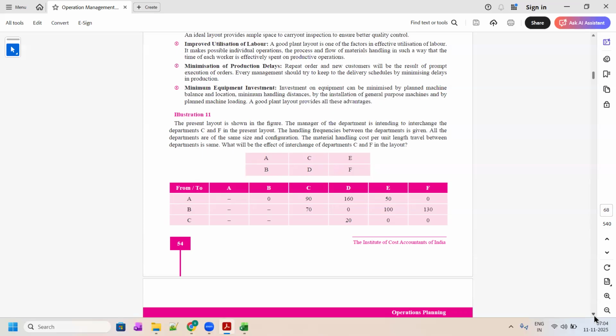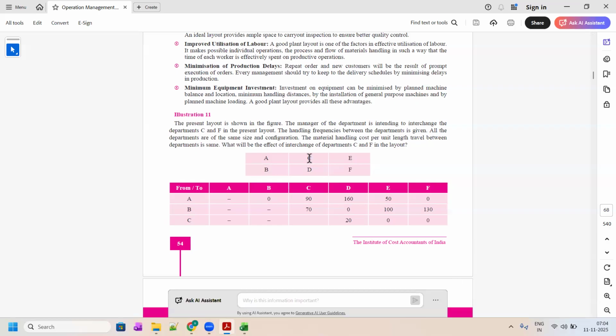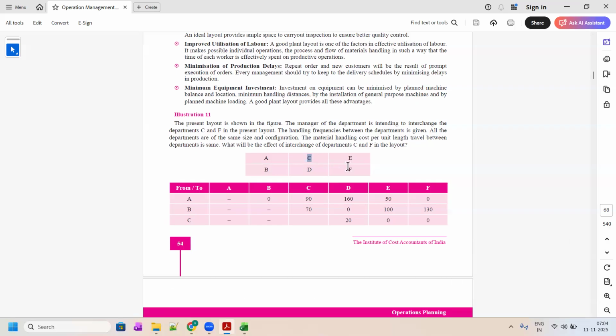Here also one layout is given. You can see this layout. In illustration 11, the manager of the department is intending to interchange department C and F in the present layout. So the manager is thinking to interchange the position of C and F.